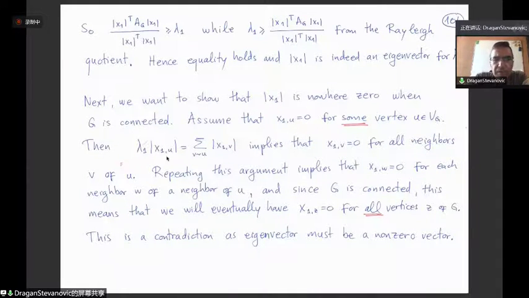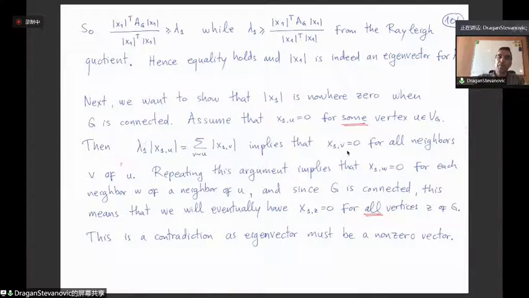How do we see it? Well, we know that the absolute of x1 is an eigenvector, so the eigenvalue equation holds for it. Lambda 1 times the absolute of x1u is equal to the sum of absolute values of all the neighboring components. And now, since this is 0, and these are absolute values, it turns out that all these components must also be equal to 0 for all the neighbors of u.